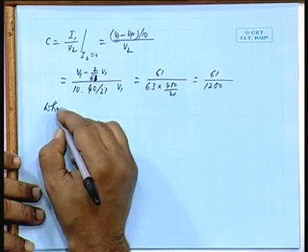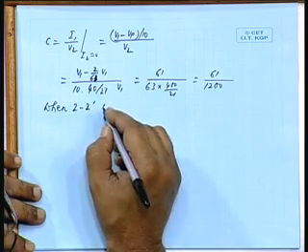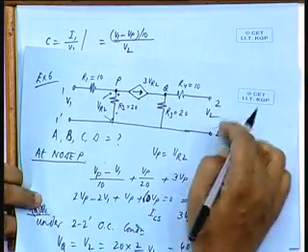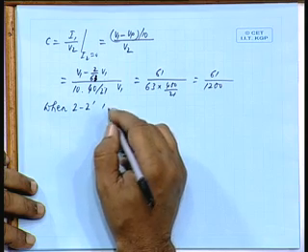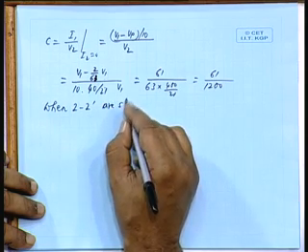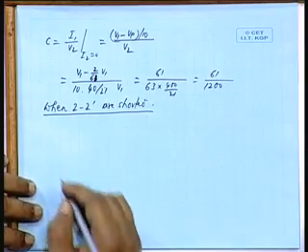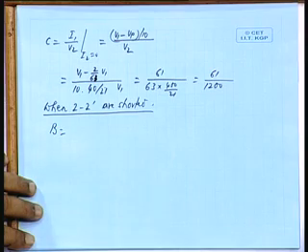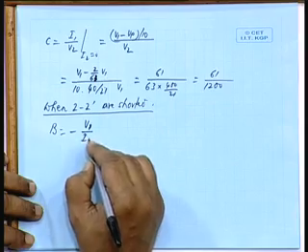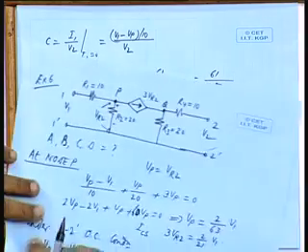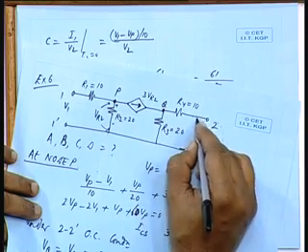When this terminal pair 2 dashed is shorted, what will be B? B is minus V1 by I2, is it not? You short this, current flows in the opposite direction; I2 conventionally is positive in this direction.